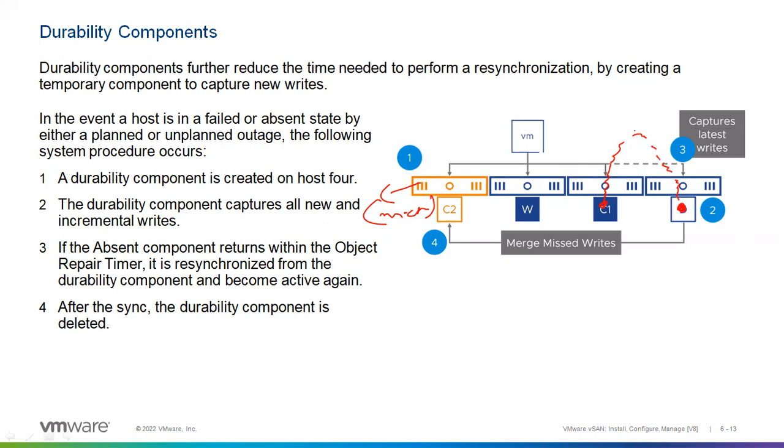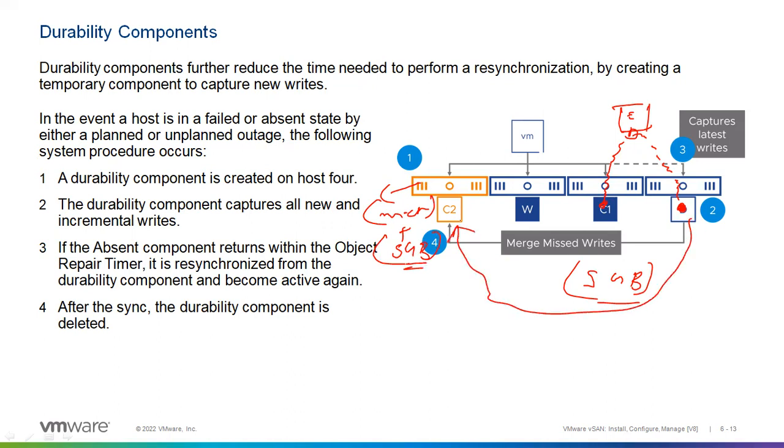For example, this VM is writing data. Once this host got into maintenance mode, this VM wrote about 5 GB. So 5 GB would be the delta, right? This delta will be written here. Once the host is back, the original data plus this 5 GB delta will be resynced to this component, and finally it will show in an active and green state.